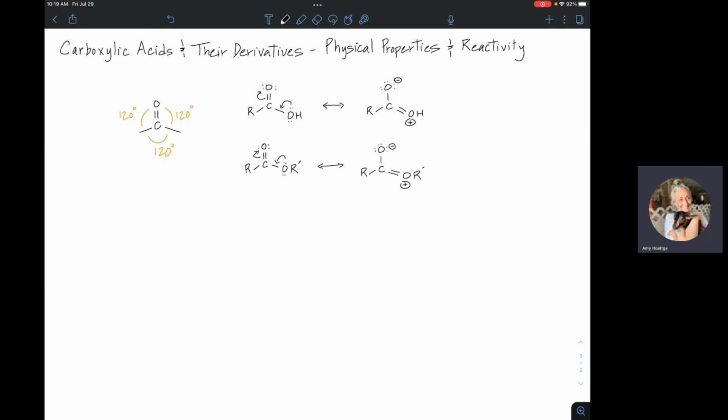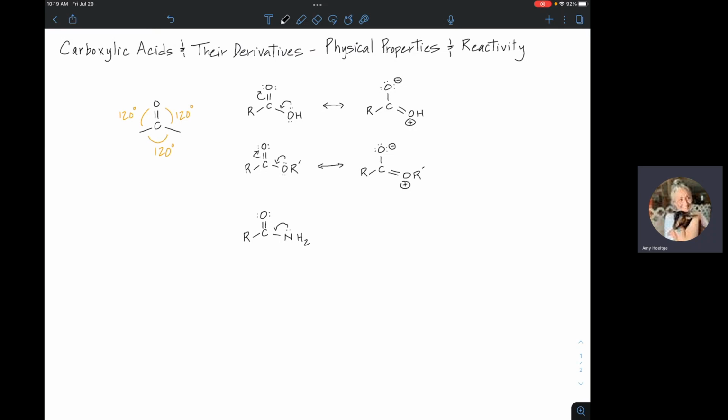For amides, this becomes really important because nitrogen is less electronegative than oxygen. So that positive charge will be better supported, meaning amides, now I can just draw hydrogens here, but these can be R groups too.